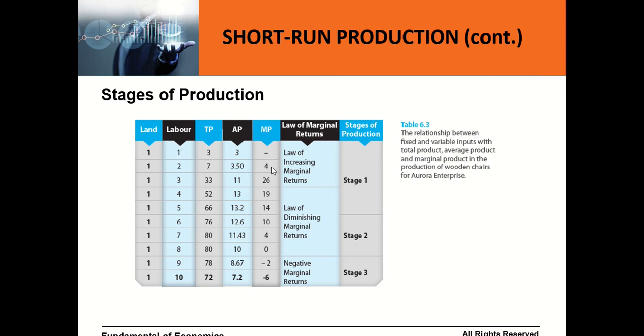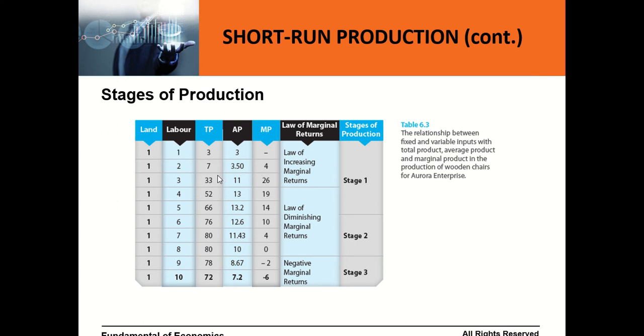So that's why we start from here. How do you calculate 4? I said just now that 7 minus 3, equal to 4. How about the labor here? 2 minus 1. So 4 divided by the difference here, 4 divided by 1 equal to 4.